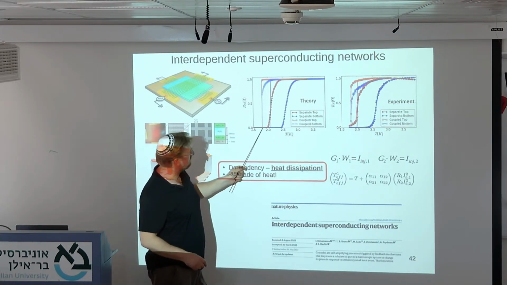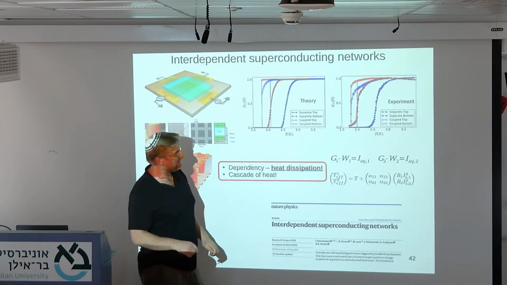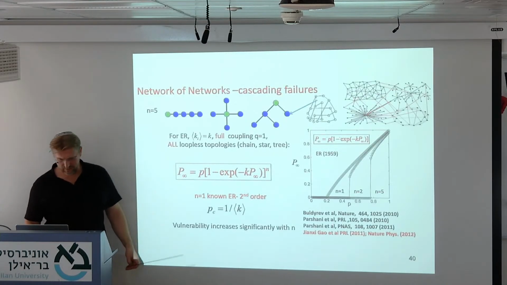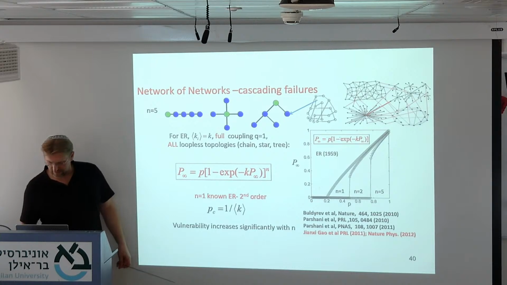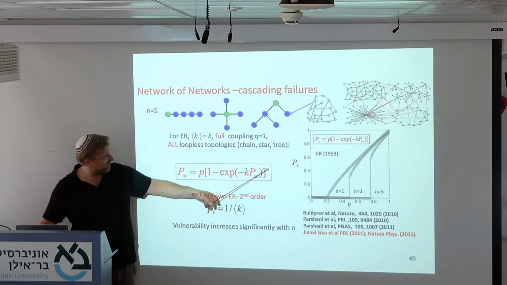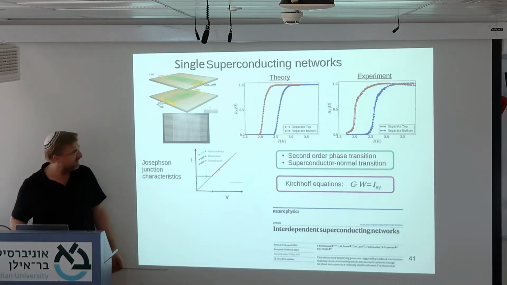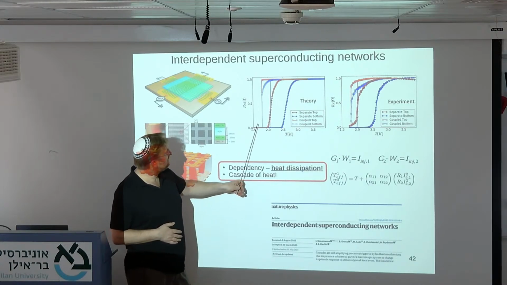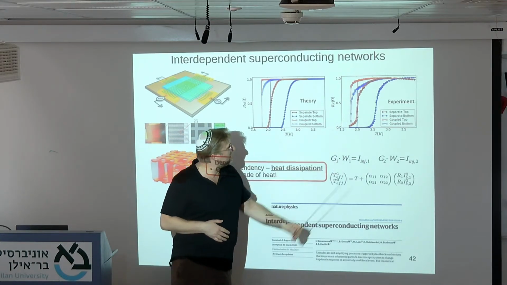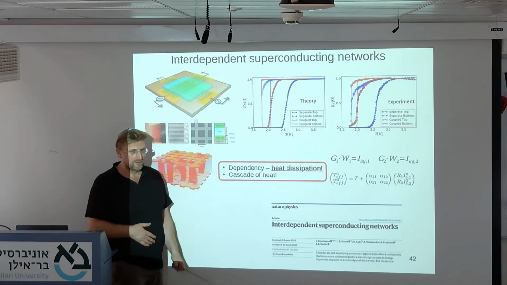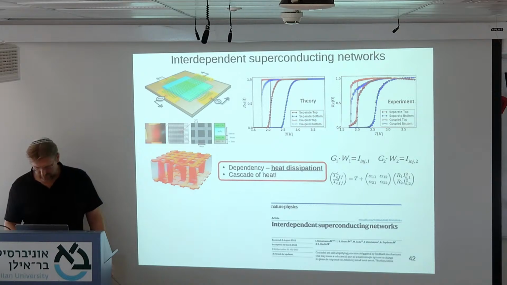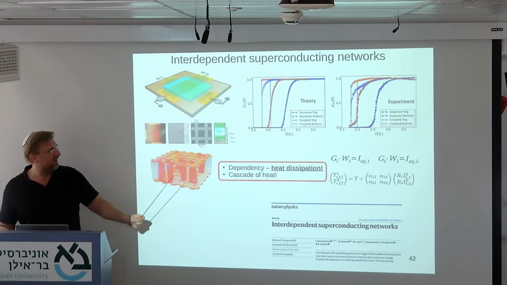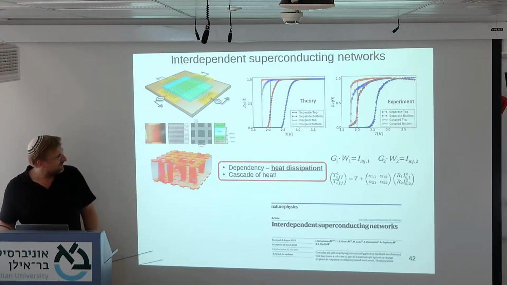And this is exactly what you would predict by this theory that I showed you before, with the P infinite and a power of 2 in this case, because we have only 2 layers, and you reproduce the theory very nicely. So the theory is this, and this is the experiment, and it went into Nature Physics because of this. This is the first realization of an interdependent network in the lab in physics.